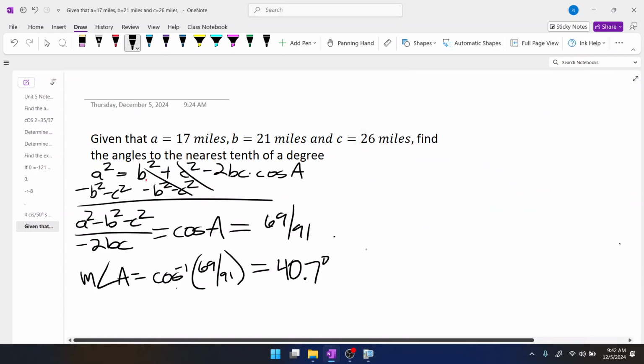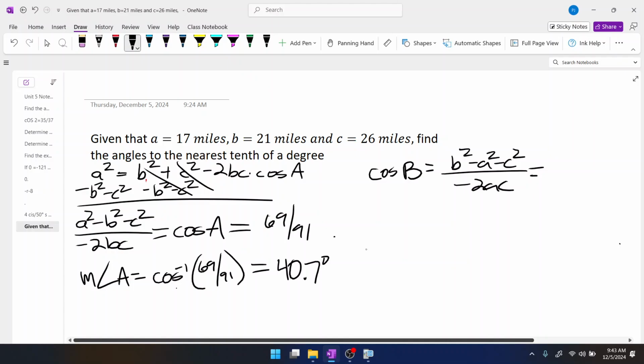Okay, so cosine of B is going to be B squared minus A squared minus C squared divided by negative 2AC. So let's see here, 21 squared minus 17 squared minus 26 squared, negative 2 times 17 times 26.